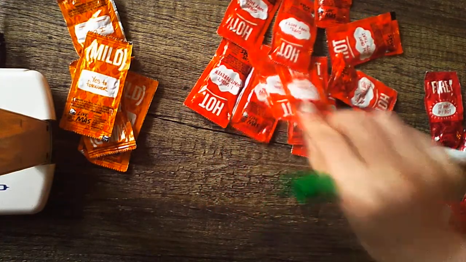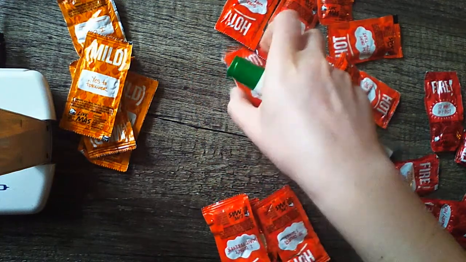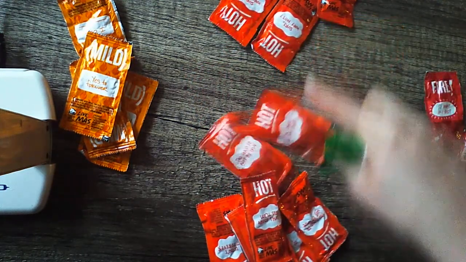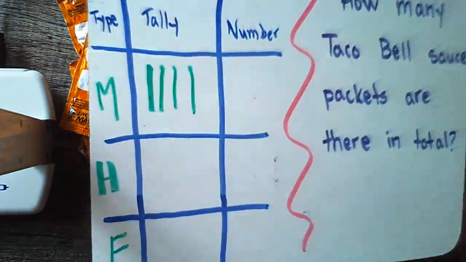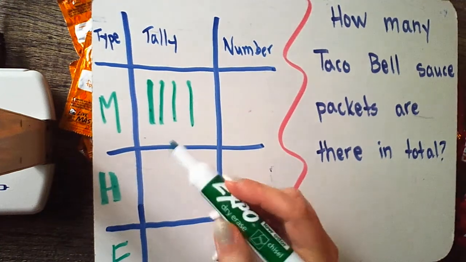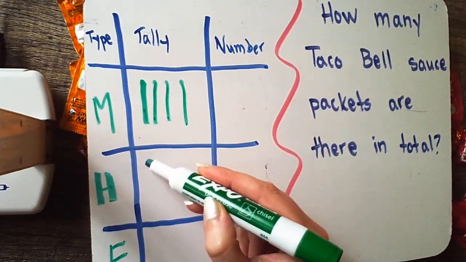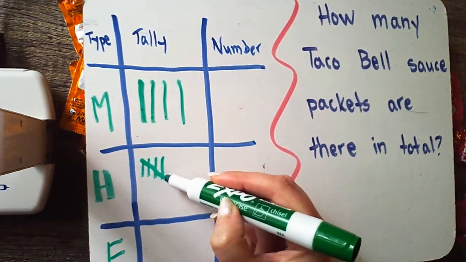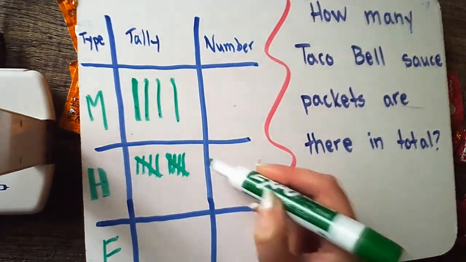We have 1, 2, 3, 4, 5, 6, 7, 8, 9, 10, 11. 11 hots. So I'm going to go back to my chart. I need to show 11. Now remember, each tally mark represents 1, and I'm going to cross on the 5th. I've got 11. Here we go. 1, 2, 3, 4, 5, 6, 7, 8, 9, 10, 11.